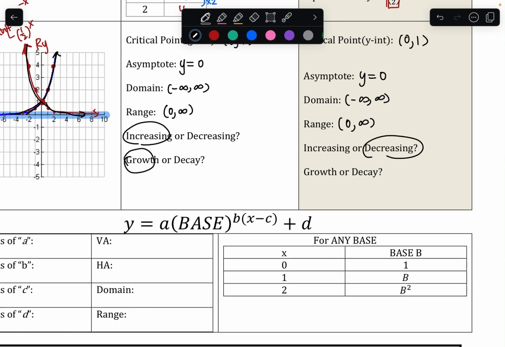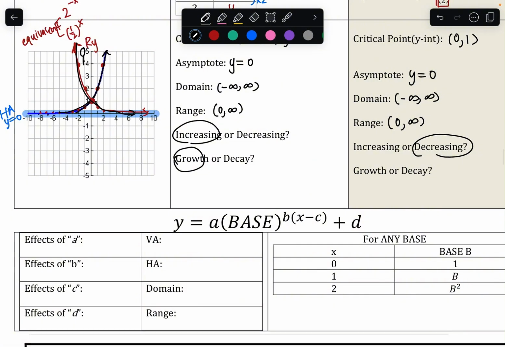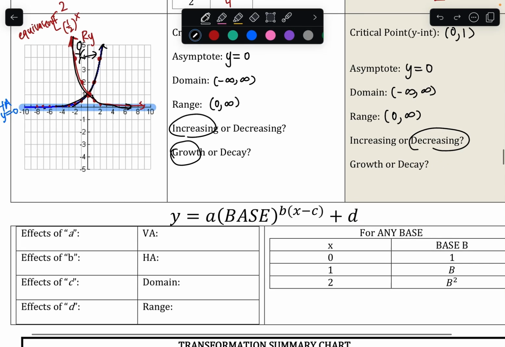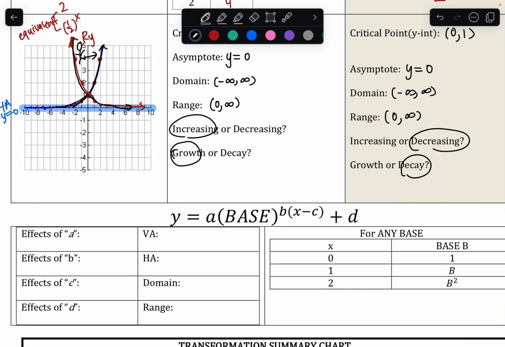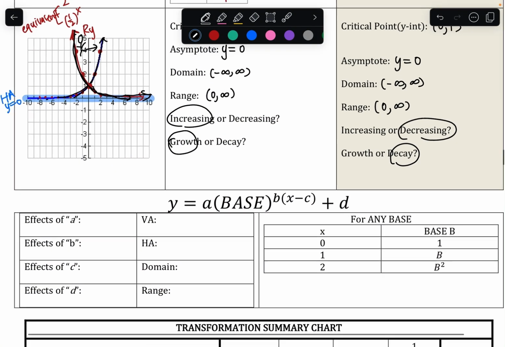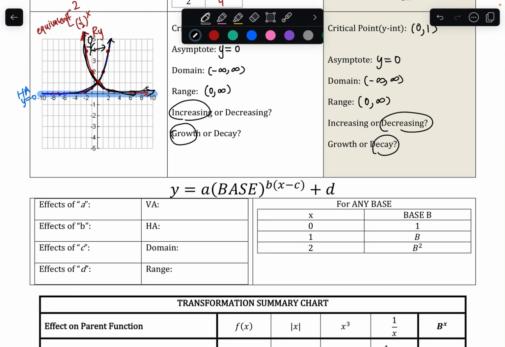Now it is a decreasing function. If we have a person traveling on this curve to the right, he is going down the mountain. Okay, and then this is considered decay. Anytime you are approaching the asymptote, you're approaching zero. Think of population as decaying, it's dying off. So that would be considered decay.